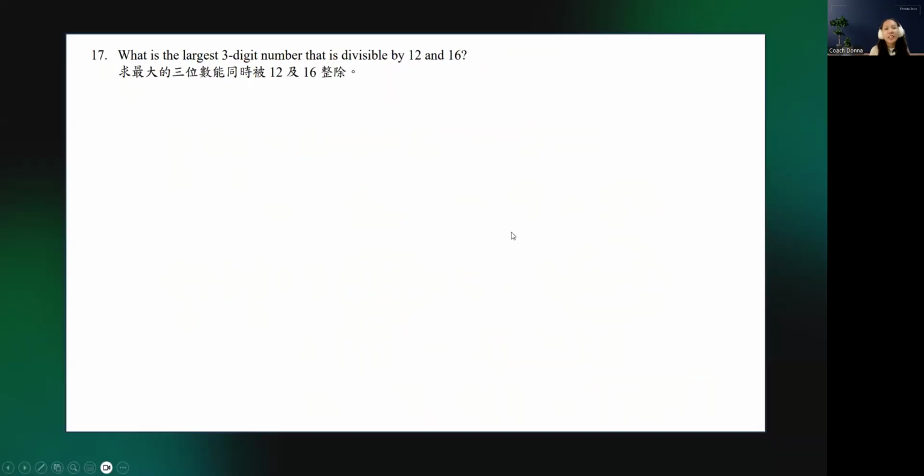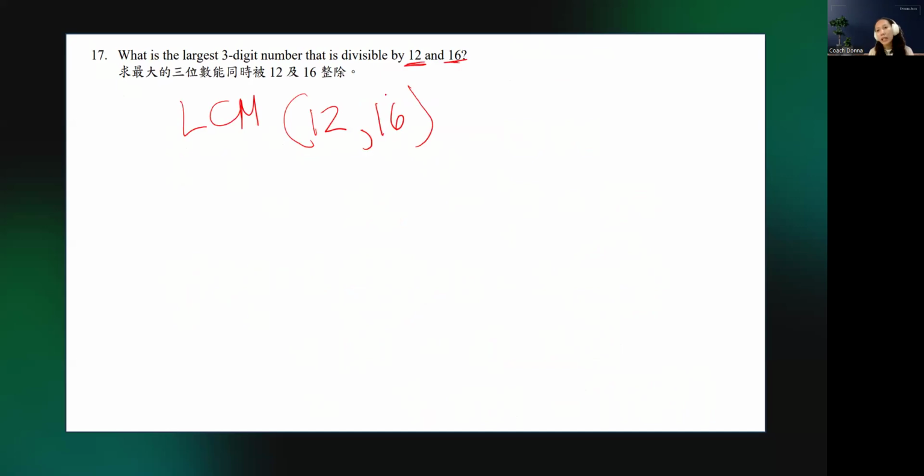So that's it for 16. Let's have number 17. What is the largest three-digit number that is divisible by 12 and 16? If you're asked questions like this, you have to get the LCM of 12 and 16.